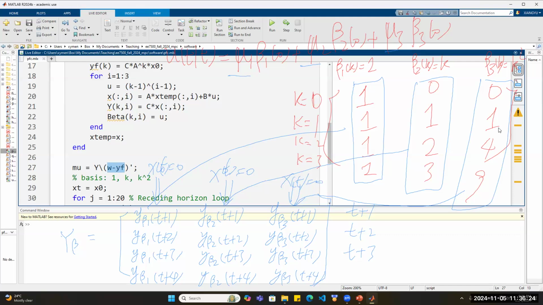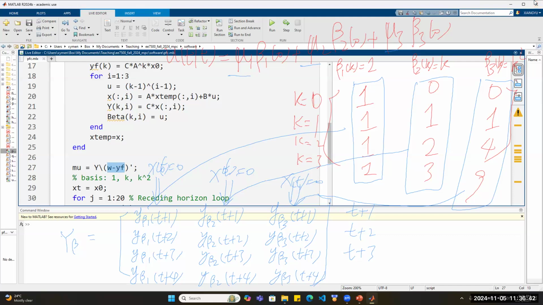The control inputs are fixed as well. So once we calculate this matrix, it's fixed. In other words, this matrix only needs to be calculated once.